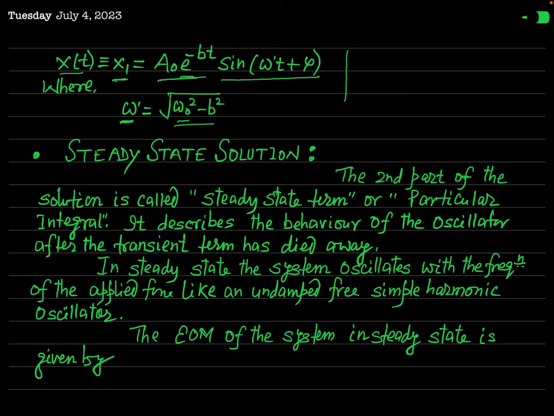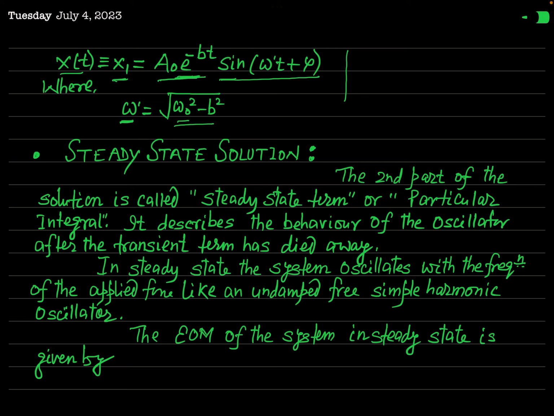This x1 decays exponentially with time. Due to the presence of this sine function, oscillation takes place, but its amplitude is exponentially decaying. So this oscillation will not continue for a long time. It will vanish, it will cease.